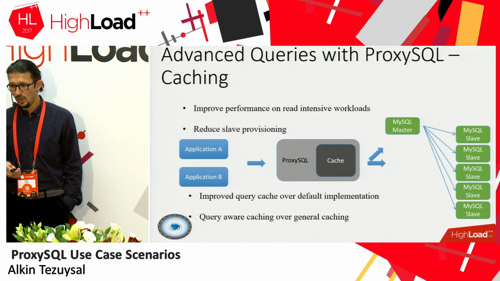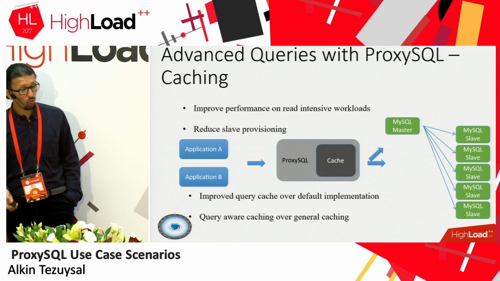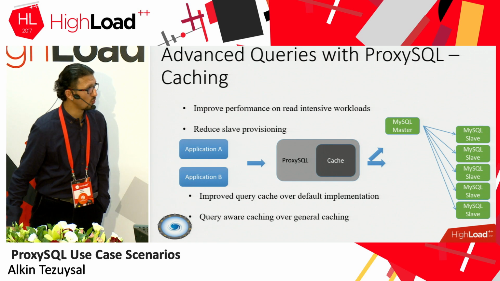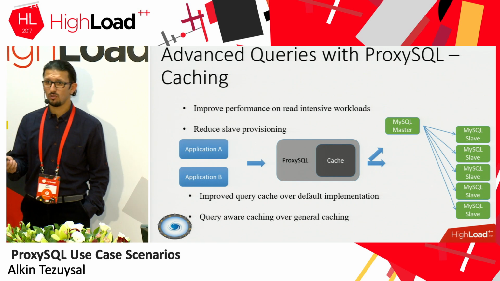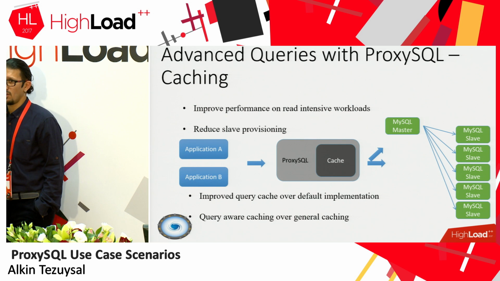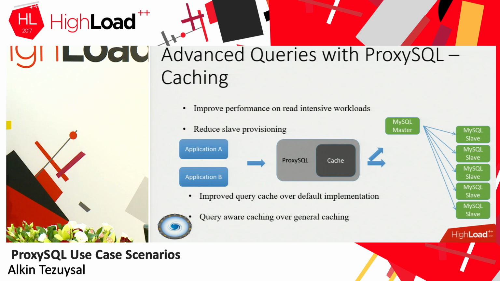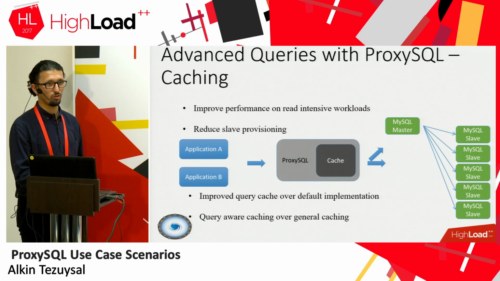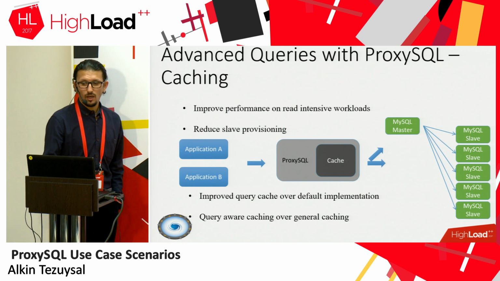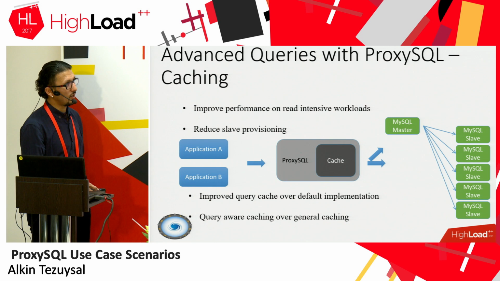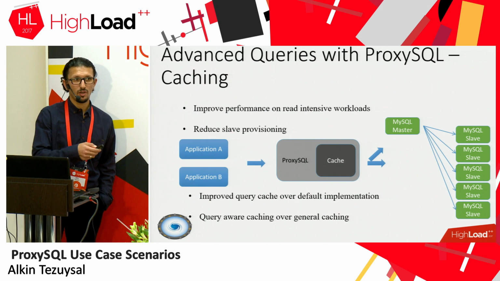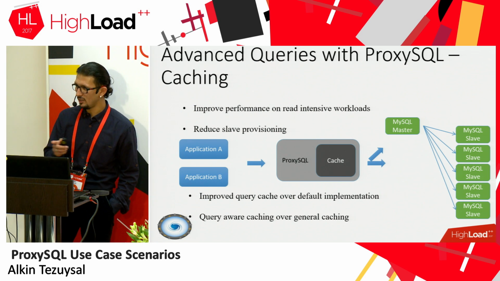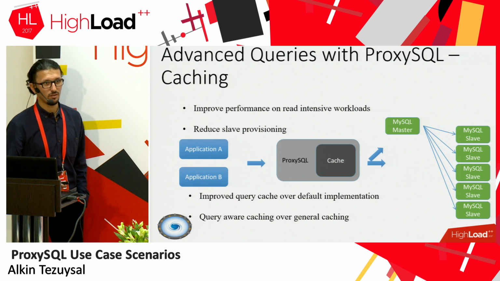So it's improved over the query cache. MySQL's query cache has not been very good. It's been problematic, and we've been recommending to disable it altogether. Up until recently it's been used in MySQL, but in version 8, if I'm not mistaken, it will be deprecated.